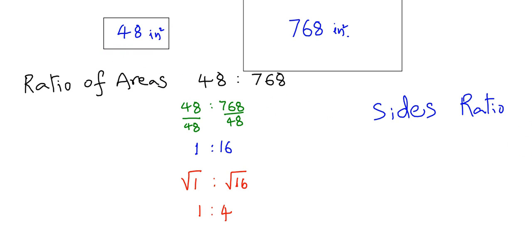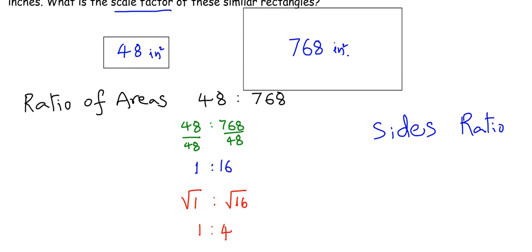Let us look at this example. In the given problem, I have 48 as the area. Let us say that its length is 8 and the width is 6. 8 times 6 is 48. Okay, so that 8 becomes 8 times 4, which is 32.